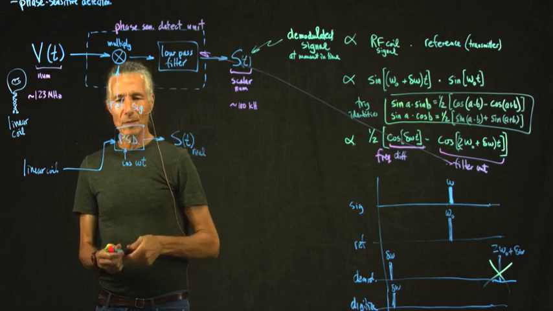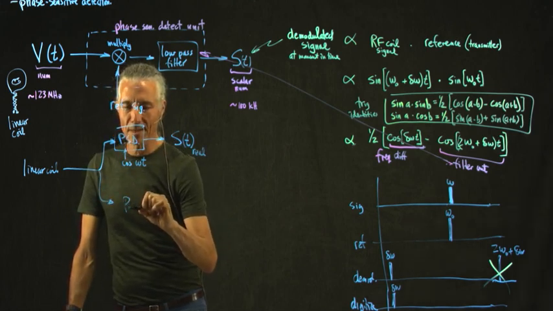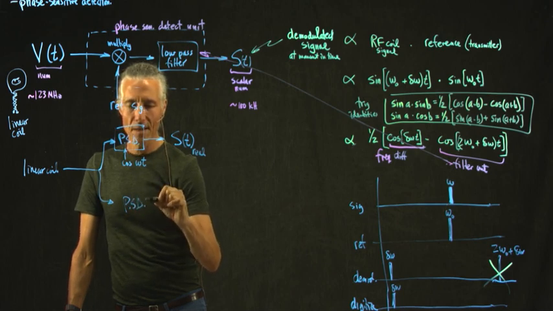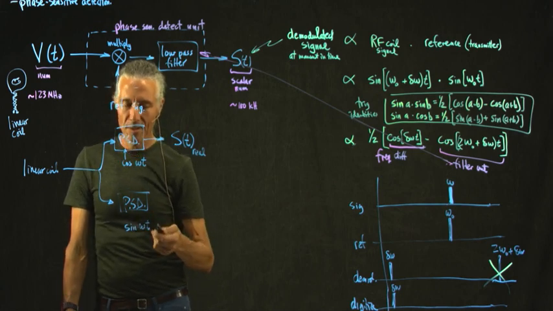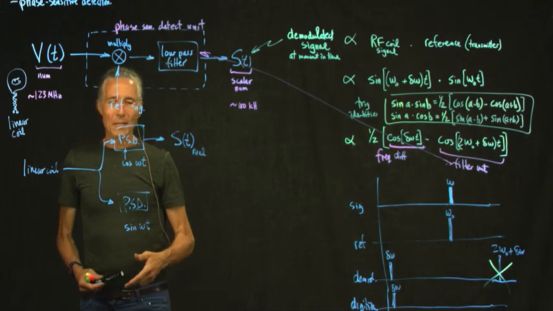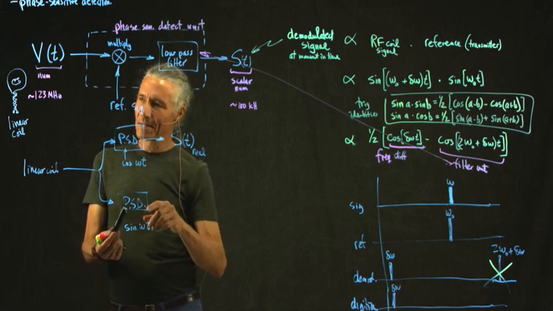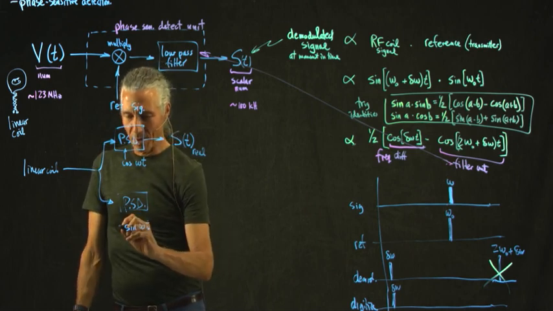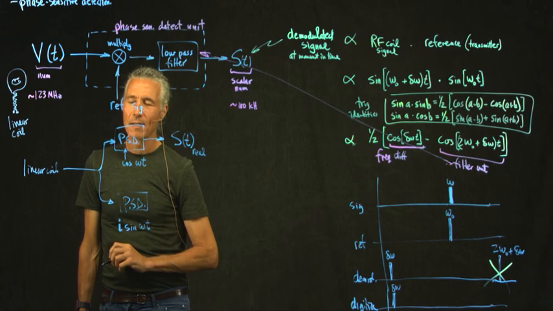And then we do exactly the same. We split the signal and send it to another phase-sensitive detection unit that multiplies it by a sine. The thing about this is that it's a complex number with an imaginary part. If we were writing this out as a complex number, we would have to multiply this by i, an imaginary number.